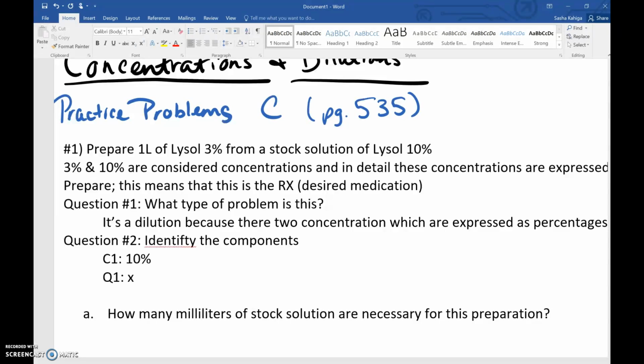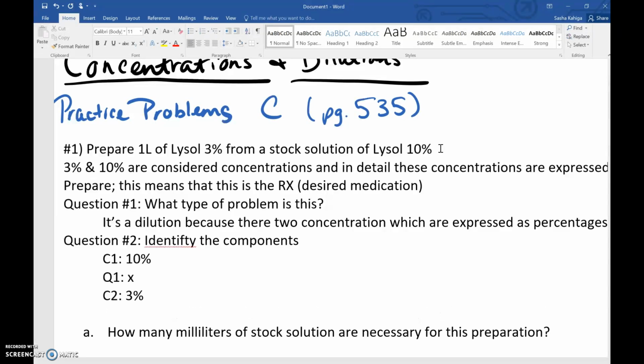It's X. My C2 is my desired concentration, and Q2 is my desired quantity, whatever it is that I'm preparing. C2 is 3%, and it's always going to be lower than C1. It says to prepare 1 liter. It has to be in milliliters, so Q2 is 1,000 milliliters.